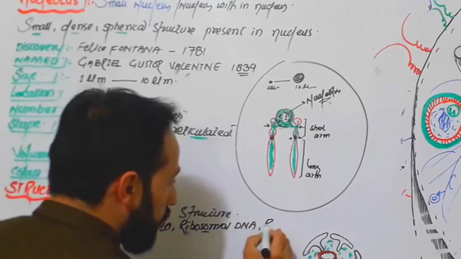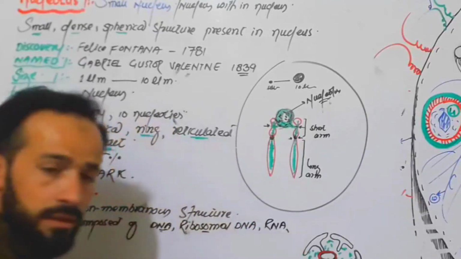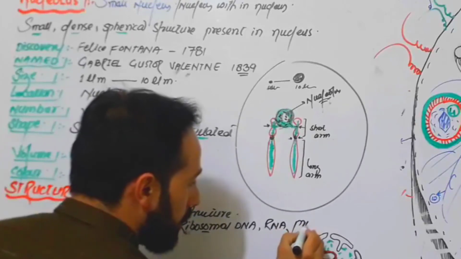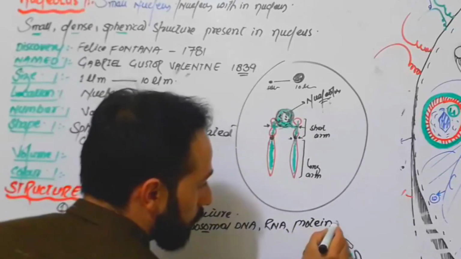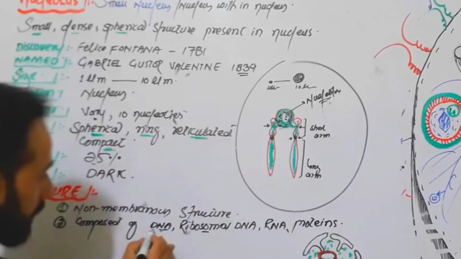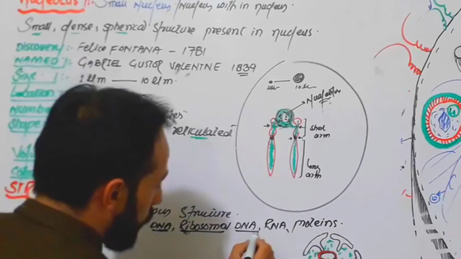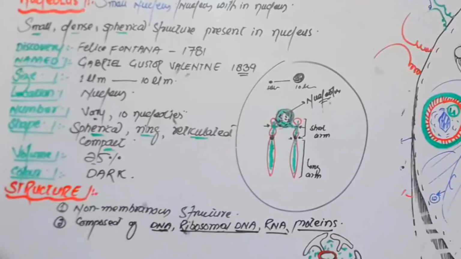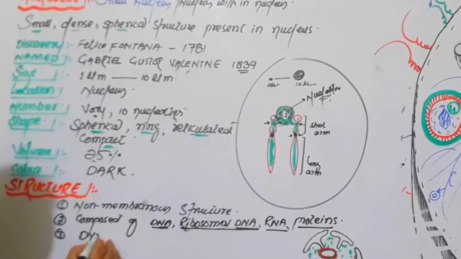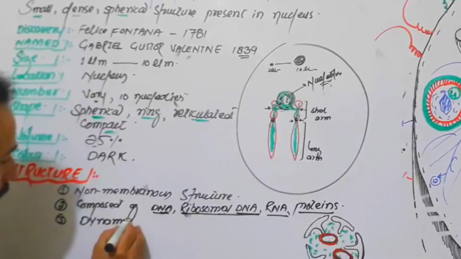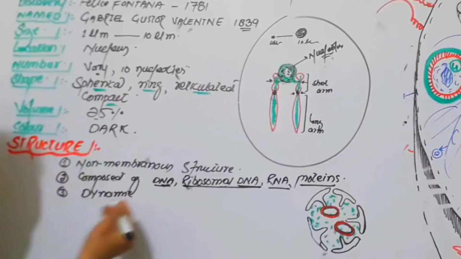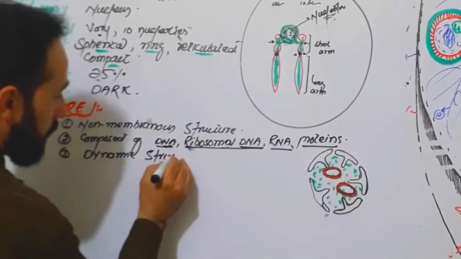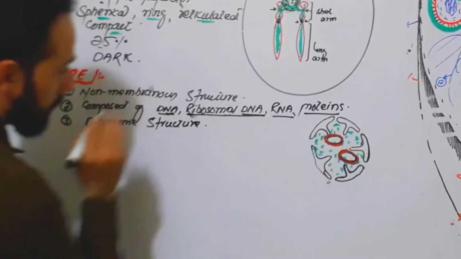It is composed of DNA, ribosomal DNA, some RNA, and certain proteins also, right? So this is the composition of your nucleolus. Clear, friends? The next important thing is that the nucleolus is a dynamic structure, which means that it changes its shape a little bit.